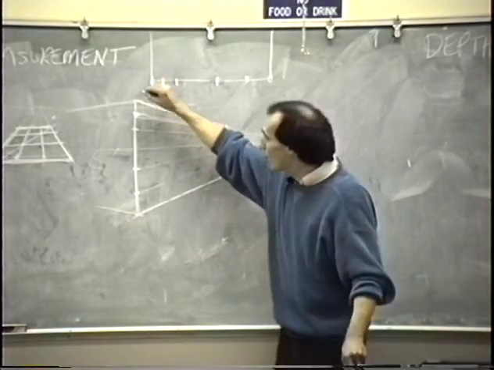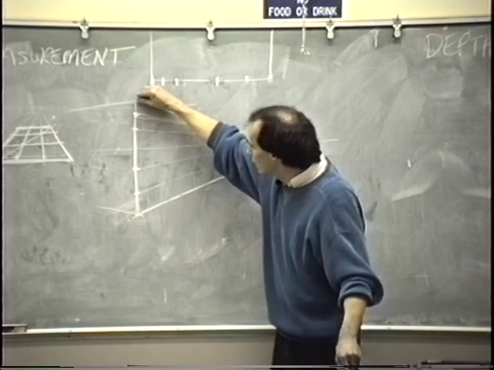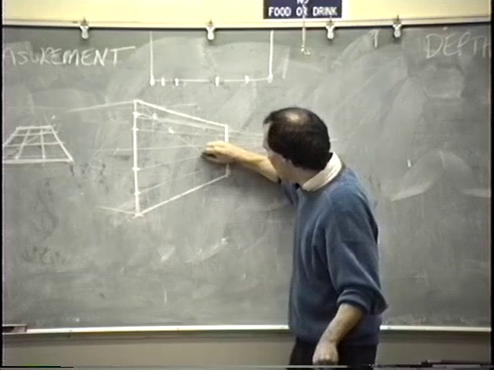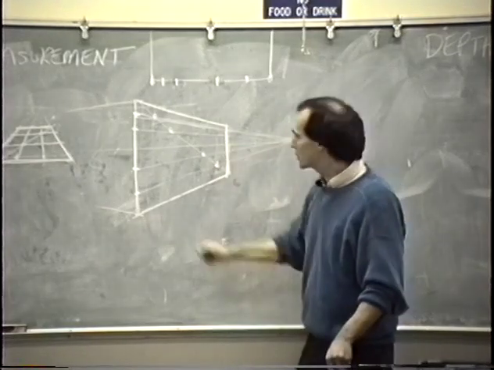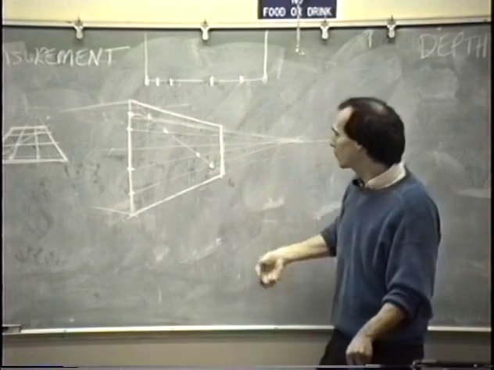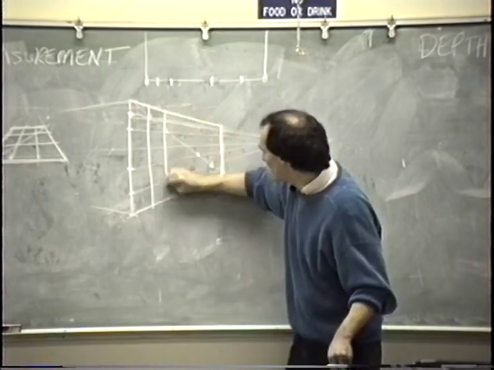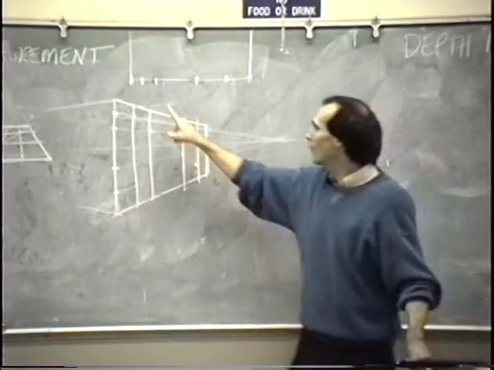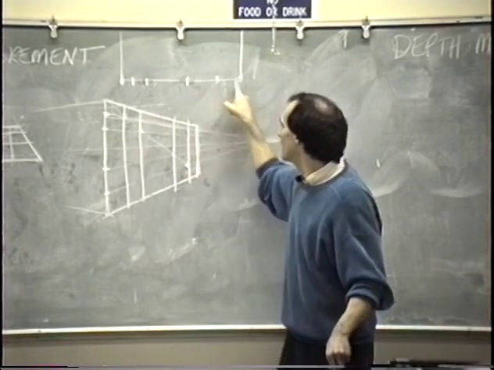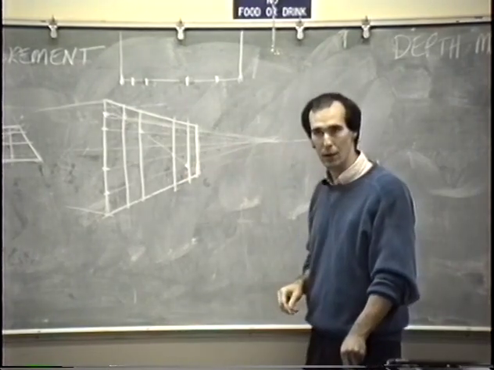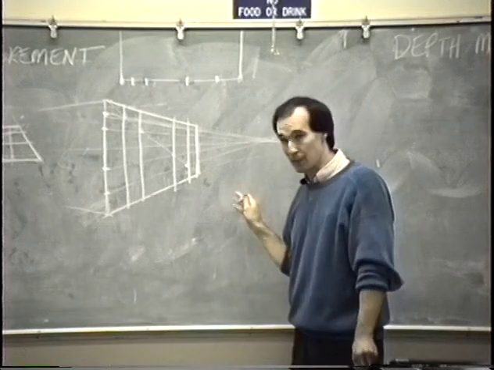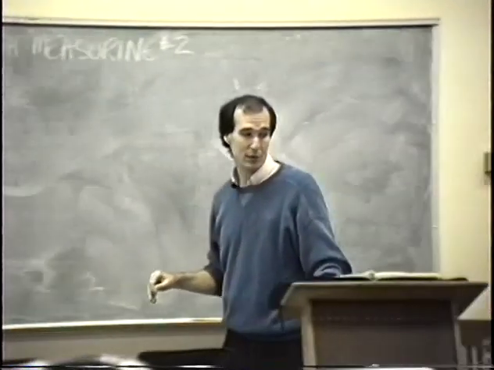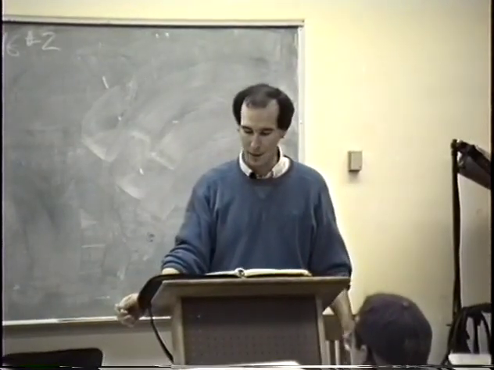Run a diagonal from this corner where I started down to that corner, and then I'm going to have these little magic lines which are taking this set of measurements, running it through there, and I will be able to divide this up in perspective. That was 2 small divisions, and then 2 bigger divisions which are further away, and so they seem to get smaller. Now, I know I went over that fast, and I'm going to repeat it again. Any questions about it? Because there's a couple snags in here that I want to go over again so that I don't lose you with it.